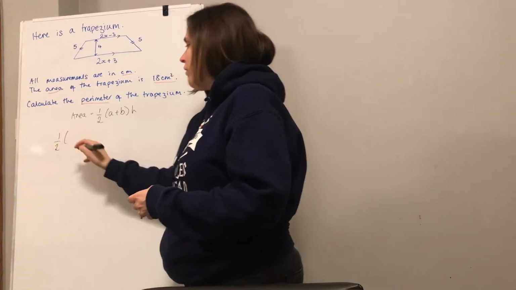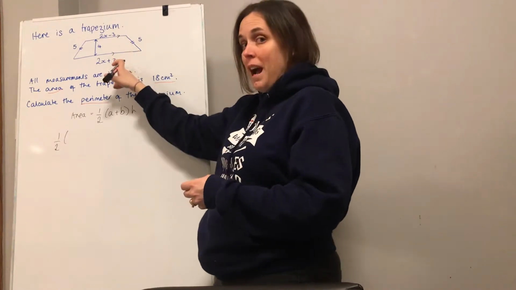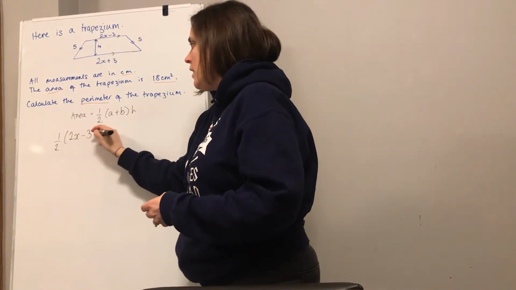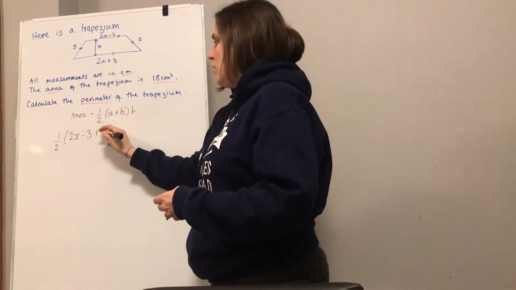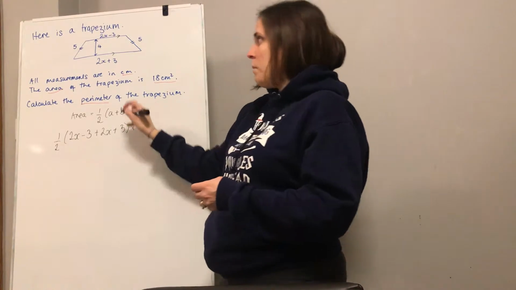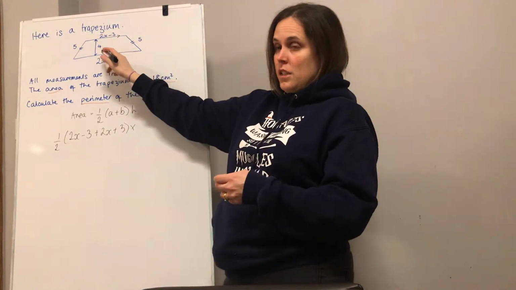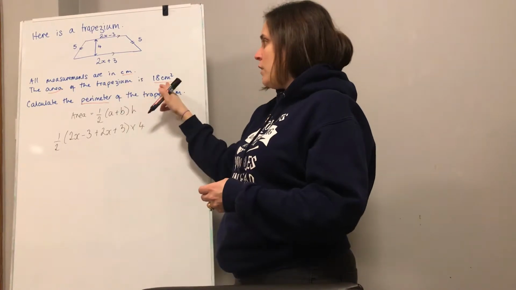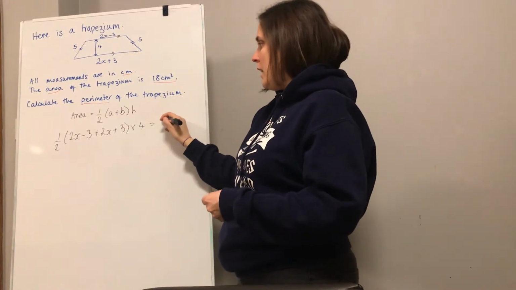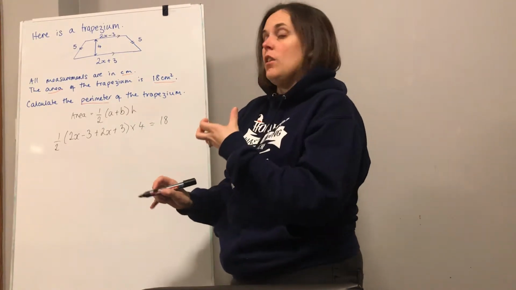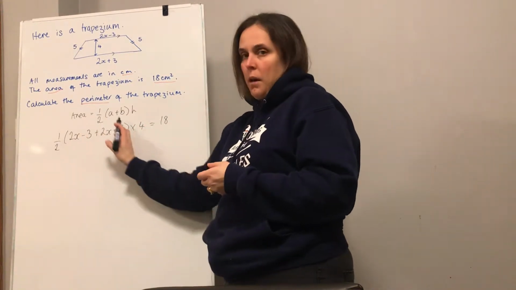So it's a half, a plus b, so that's our parallel sides. So that is 2x minus 3 plus 2x plus 3. And then we multiply that by the perpendicular distance that I mentioned earlier, which is 4. Now we're told that the area of the trapezium, really importantly here, is 18. Alright? So the first thing I would do is simplify this bracket down.